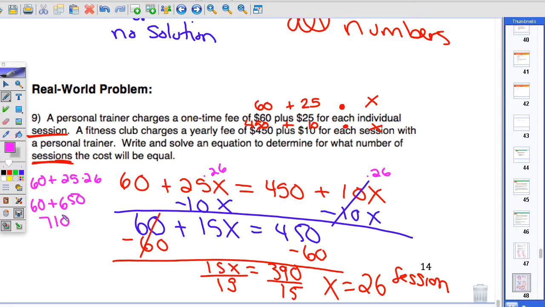On the right side, we have 450 plus 10 times 26. So it's 450 plus 260. And when we add that up, we get 710. So since the left side is equal to the right side, they would have to attend 26 sessions to pay the same amount, which is $710.